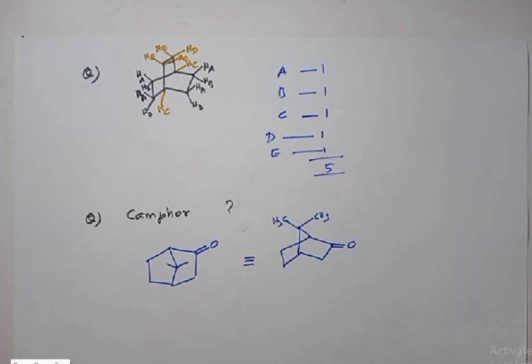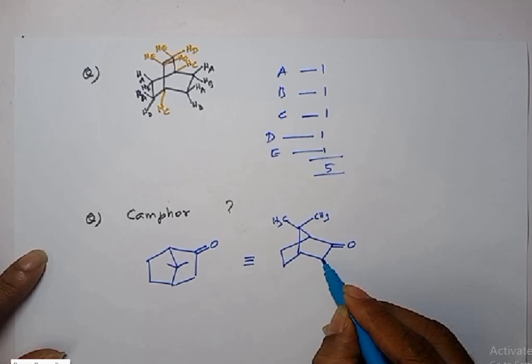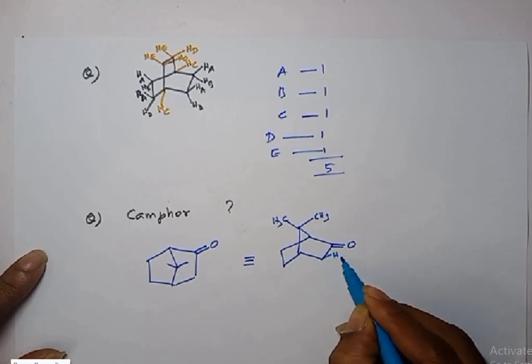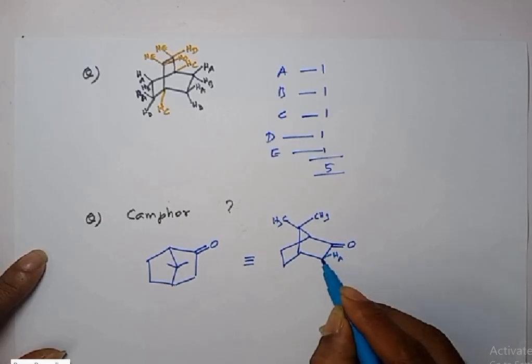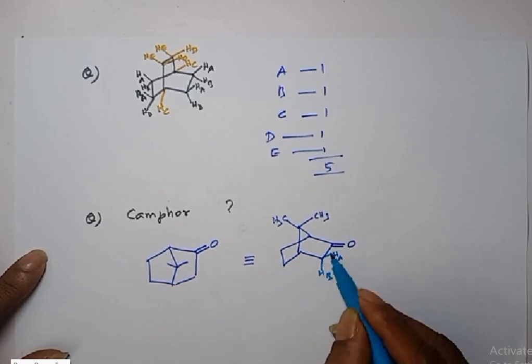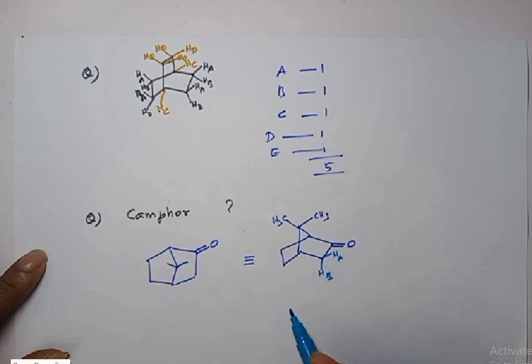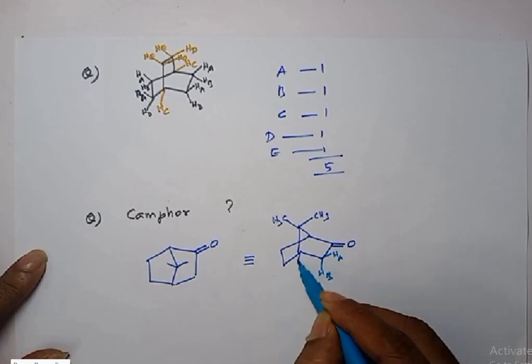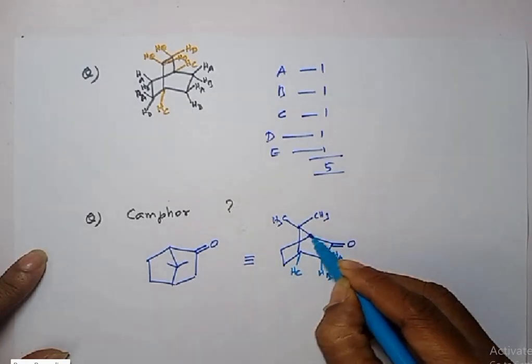So here, listen, we have exo hydrogen and endo hydrogen here. They are in different environments. So HA, HB, and they are close to this. They are different actually. And we have a proton here HC and a proton here HD.